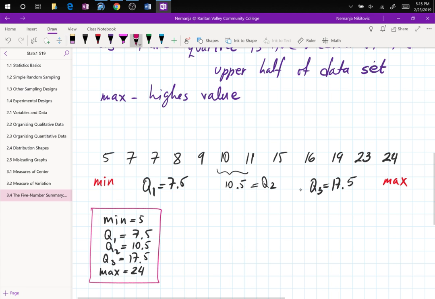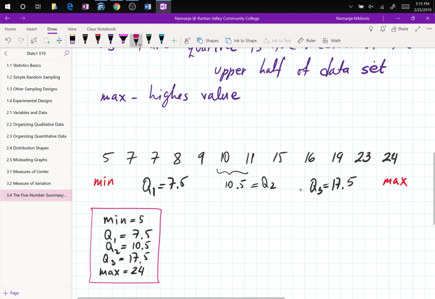So any data set that is given to you, you will arrange it in increasing order, and then you will simply count to find the middle values. Well, you have min, max, and then count towards those. Now, if you have a single entry in the middle, then you don't have to average anything, right? If you have an even number, then you will have 2 entries in the middle, and you have to average them, like I did here 3 times.